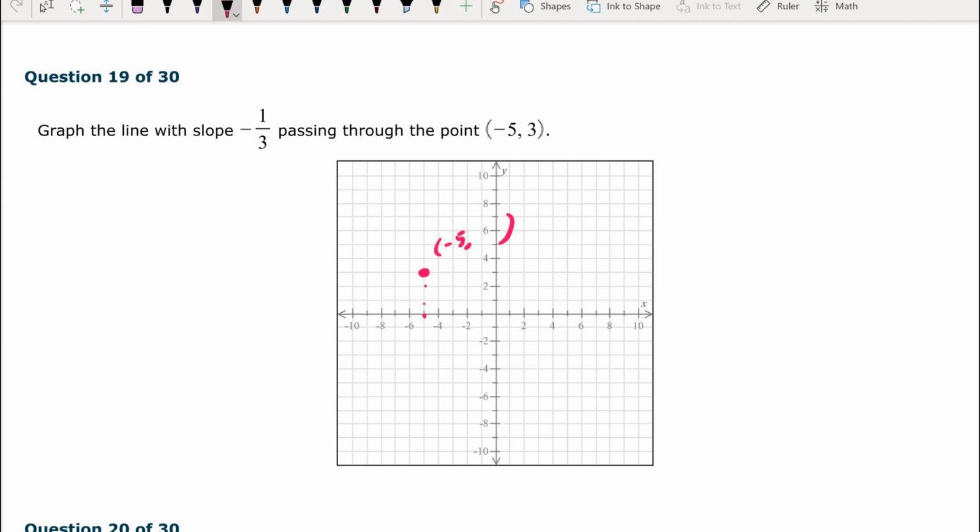It's just like the other problem. The beginning is given, negative 5, 3. Slope is negative 1/3, which means down 1 over 3, down 1 over 3, down 1 over 3, down 1 over 3. And that's it.